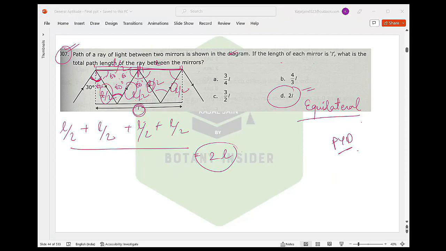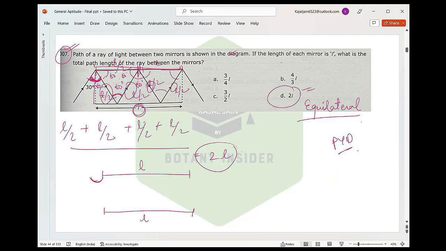Once more, sure, Devika. You are given this complete side as L because the length of the mirror is L. So both of the mirrors' lengths will be L, right? Now one side is 30. This is a bisector, so this will also be 30.